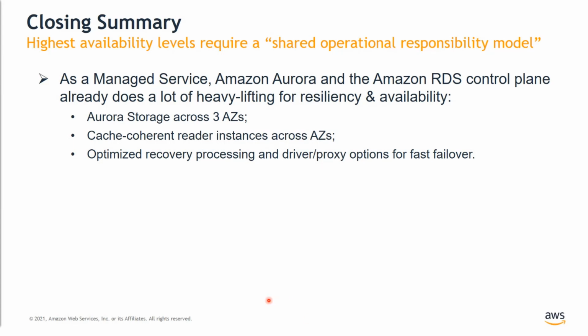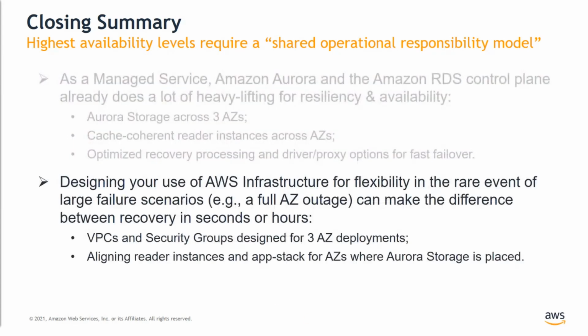But as we saw today, there are also some things that you need to do or should be thinking about in designing your use of AWS infrastructure for the flexibility, in case there's a failure event, right? A full AZ outage, right? We talked a little bit about ensuring that your VPCs and security groups are designed for 3 AZs.